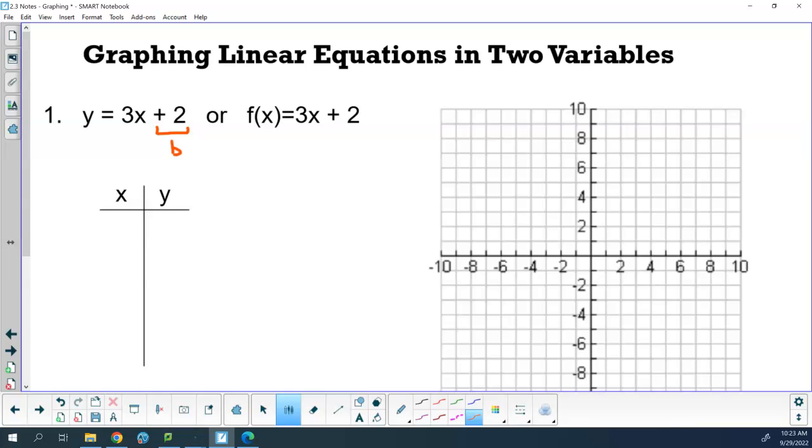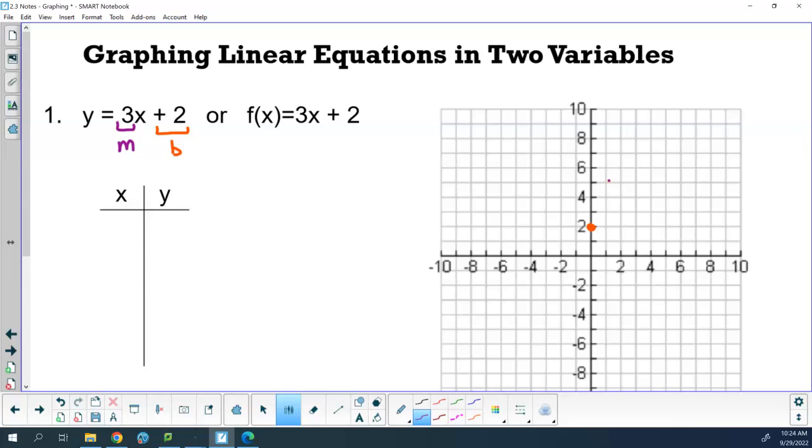So I would go up 2 from the origin, and I would put a dot right there. This is saying that the slope of this line is 3. So that's a rise over run of 3, which means I would go up 3 and right 1. And I would put another dot.